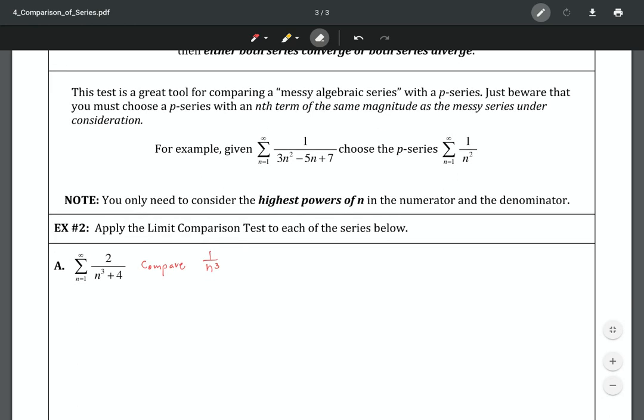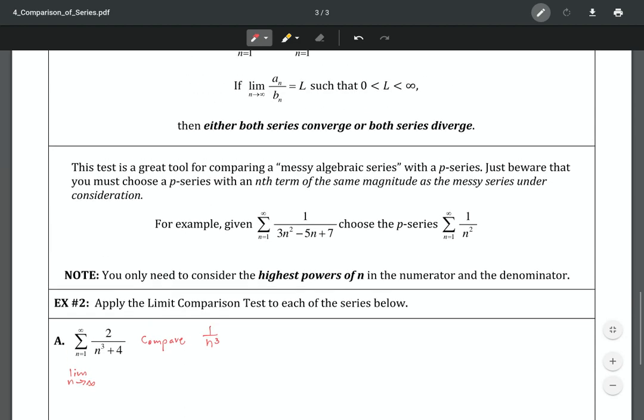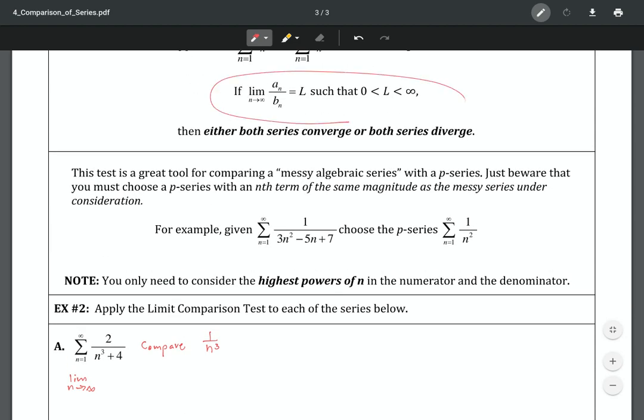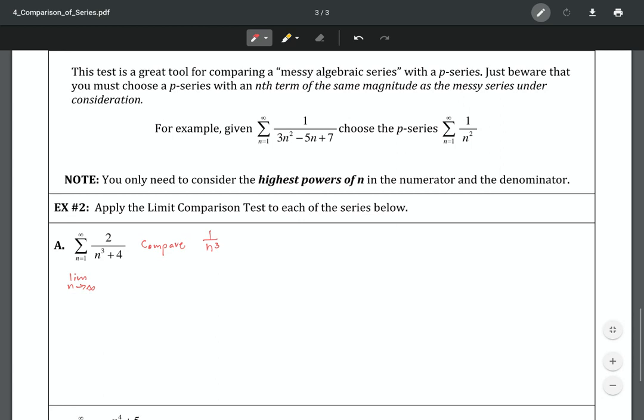Okay, so now this is what we're going to do. We're going to basically take the limit as n goes to infinity. Notice that I'm just using their definition, which is right here. Now, a of n is your original function.